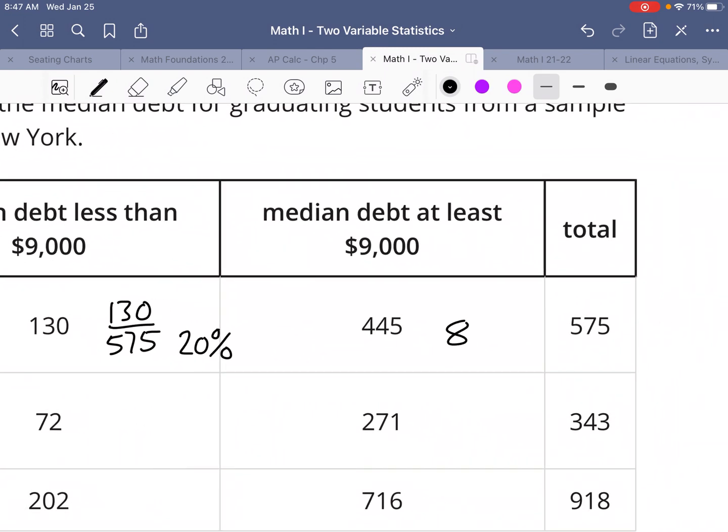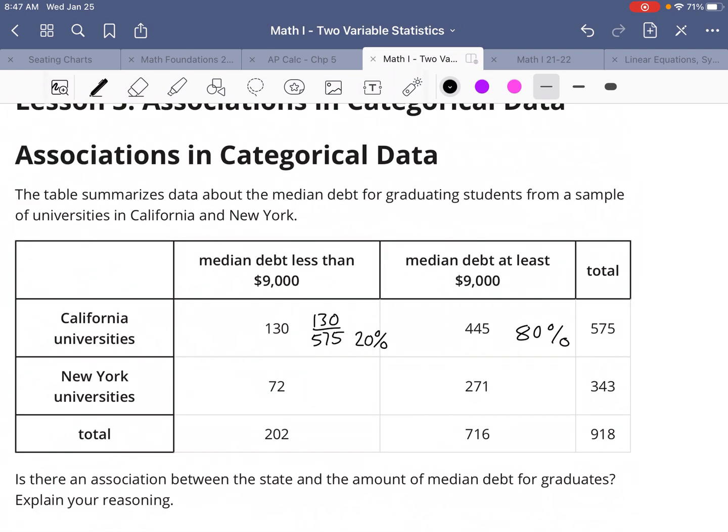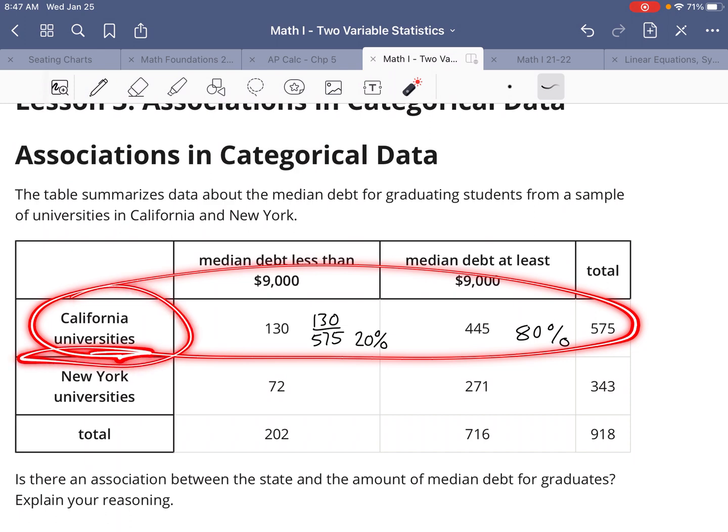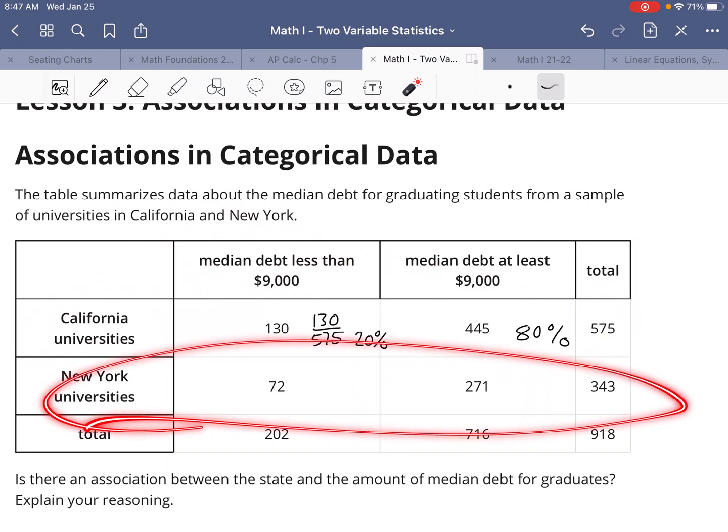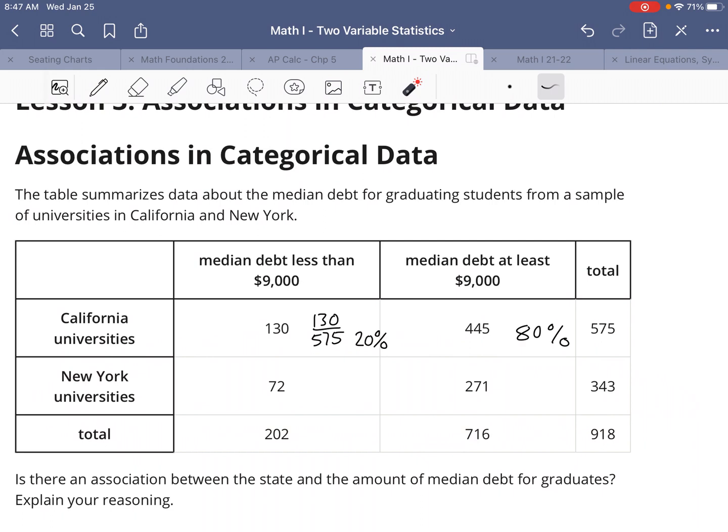And so that means that 80% over here. So here's another interesting piece of information. It shows us that for California universities, our median debt less than $9,000, only 20% of students versus 80% that had more than that. If you do the same thing for New York, you might start to see some patterns. Try it out. If you do a column frequency table and you're not seeing a pattern, try doing a row frequency table and see if a pattern emerges. If you have any questions, let me know.